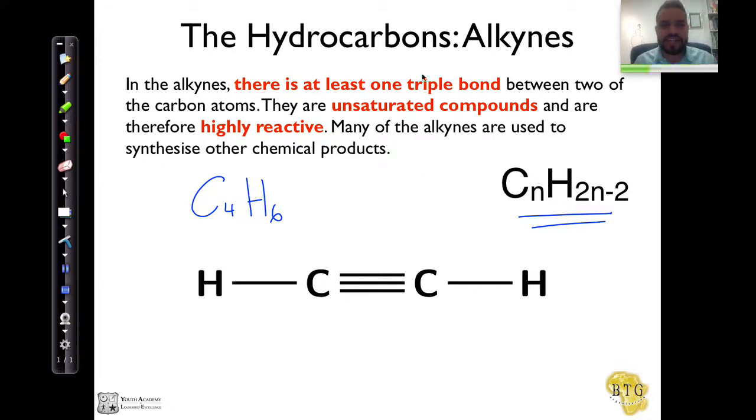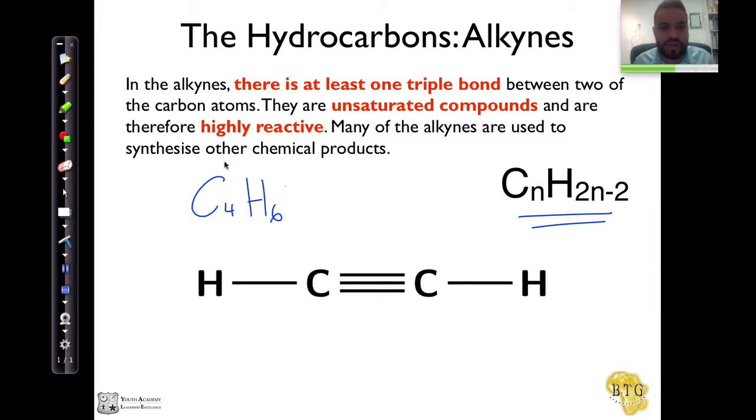So that's the alkynes. It is a subgroup of the hydrocarbons, meaning it contains only hydrogen and carbon. We've dealt with the alkanes, which have all single bonds, and the alkenes, which have at least one double bond, and now we are introduced to the alkynes, which have at least one triple bond in the molecule makeup.